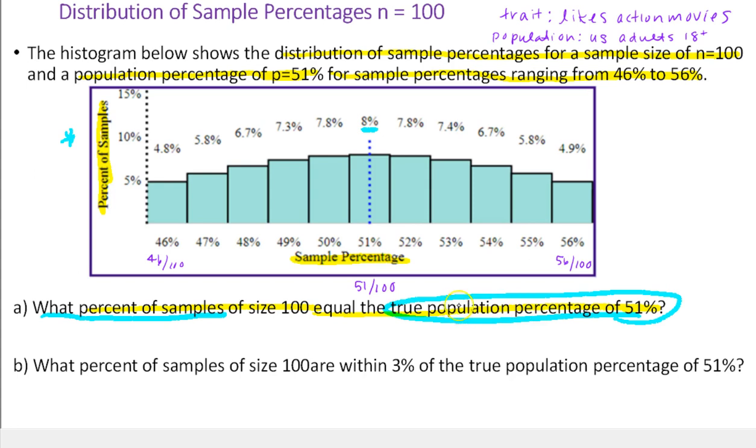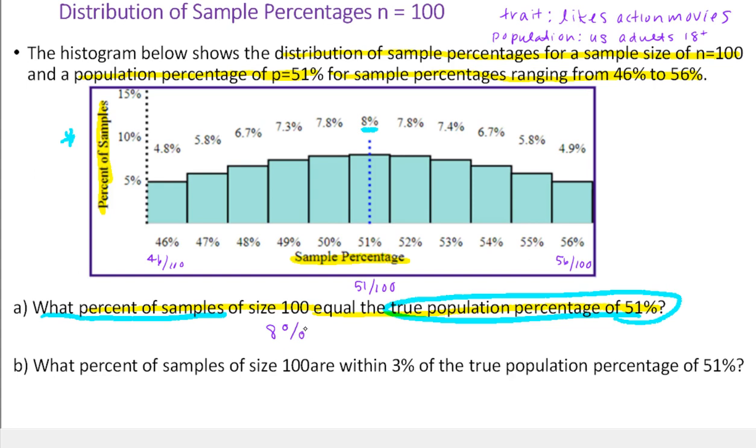Okay, so we go to our sample percentages. The true one is 51%. And on top, we have it labeled. Again, this axis is hard to read, so we label them on top sometimes just for clarification: 8%. So our answer to this question would be 8%.